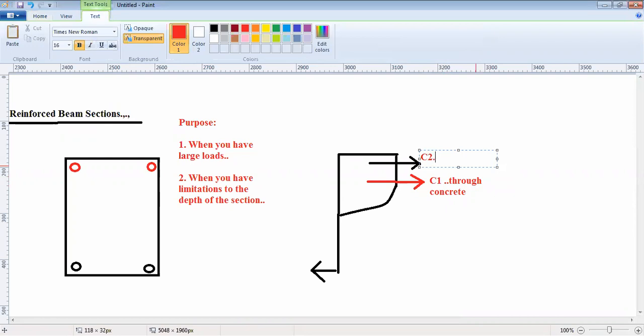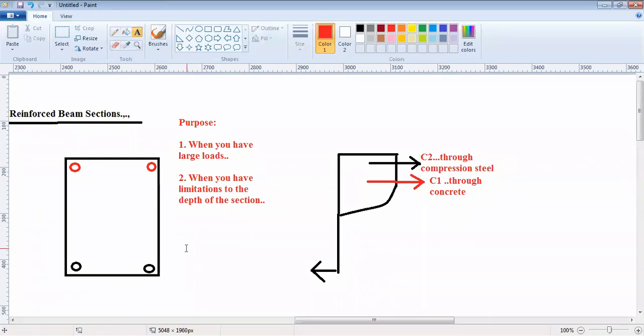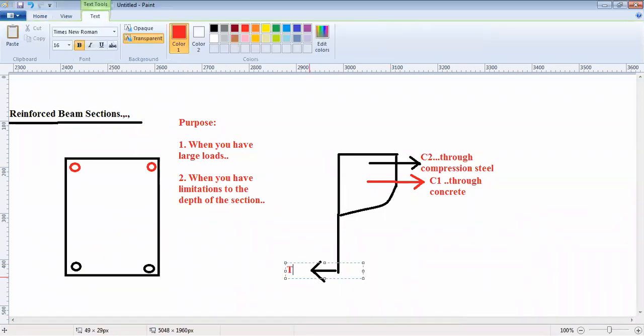C2 will be through compression reinforcement or compression steel. These will be the forces passing through the compression steel. Similarly, T will be the tension forces in tension steel.